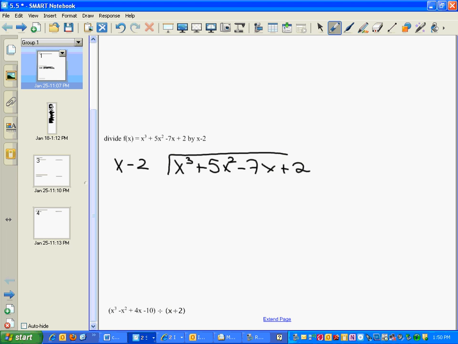The whole idea is to figure out how to get rid of this first term. We're only going to be working with 2 terms at a time because there's 2 terms sitting out here.